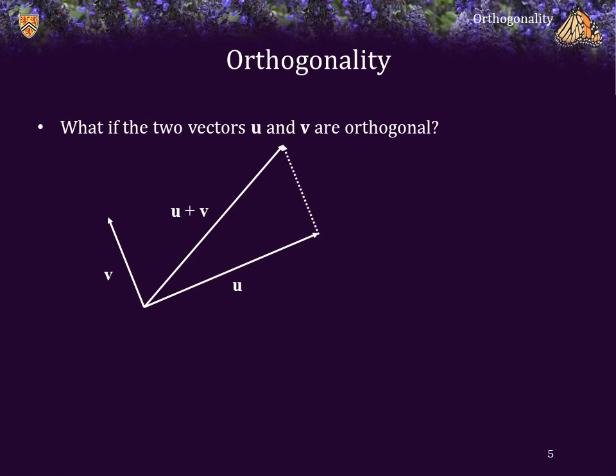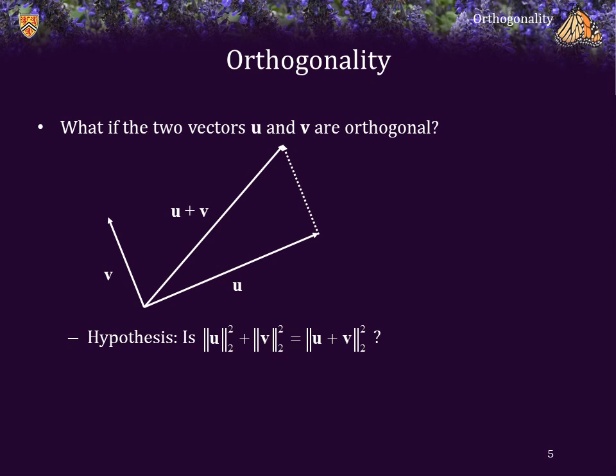If we move v over to the other side, then the distance between the tip of u and the tip of u plus v, that is the vector v. At least the length of that distance is the magnitude of the vector v. So the hypothesis is the length of u squared plus the length of v squared is equal to the length of u plus v, all squared.